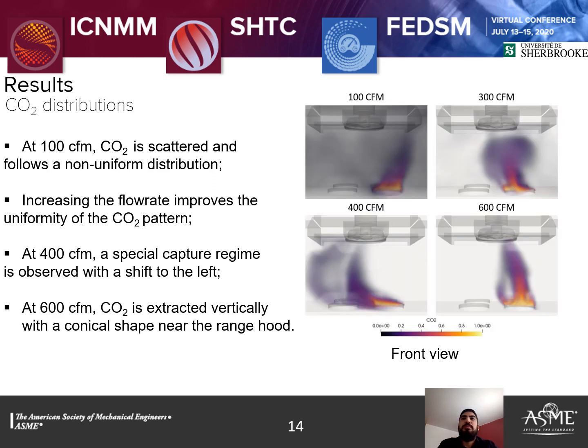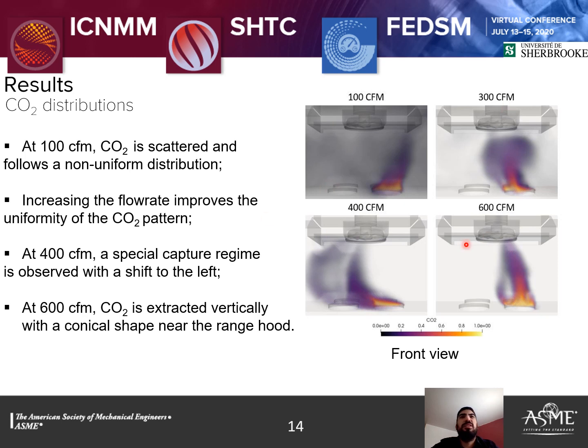In order to have a better idea about the flow inside the kitchen, we extracted the CO2 distribution between the stove and the range hood in the front view at the different flow rates between 100 CFM and 600 CFM. You can see here at 100 CFM that the CO2 is completely scattered and follows a non-uniform distribution.